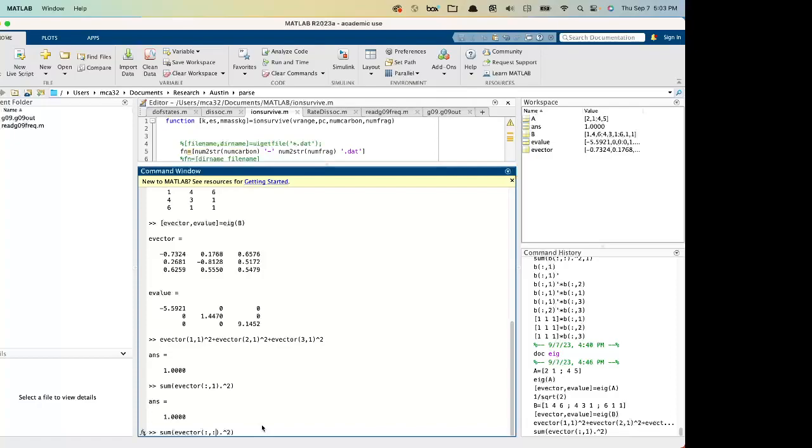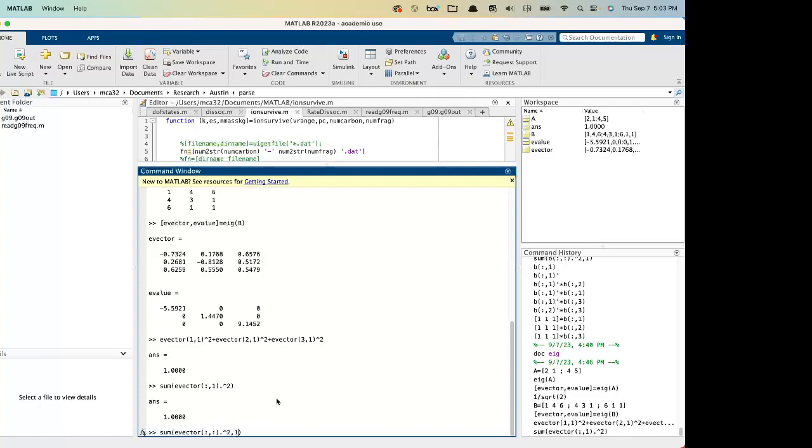I can put this here now. Now this says sum over all rows and all columns of all numbers squared, but I really only want to sum along the vertical columns, and I want to keep each of those columns separate. So I'm going to tell it to sum over the first index, which is the row index, but don't sum over the column index.